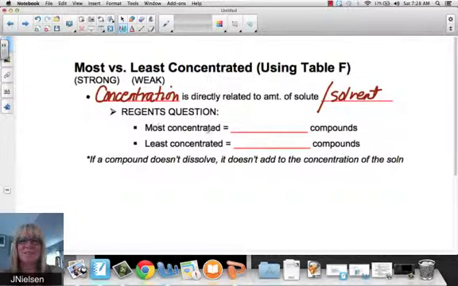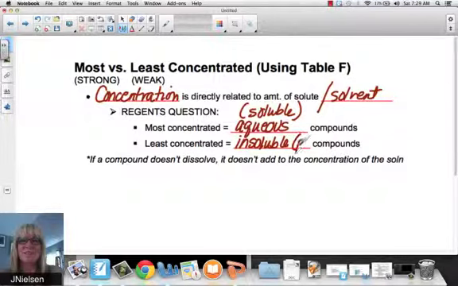And as I said, most concentrated equals aqueous compounds, and least concentrated equals, actually I'm going to change this. You can leave aqueous there, but I'm going to also put the word soluble, because soluble means that it's aqueous, and this is going to be insoluble, least concentrated, and in parentheses I'm going to put PPT.